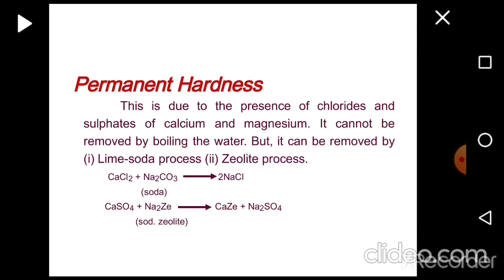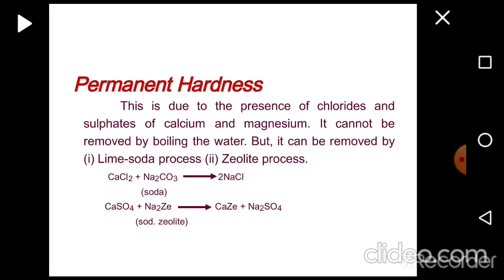The next heading, permanent hardness. This is due to the presence of chlorides and sulfates of calcium and magnesium. It cannot be removed by boiling the water, but it can be removed by the lime soda process and the zeolite process. Soda here is nothing but sodium carbonate.